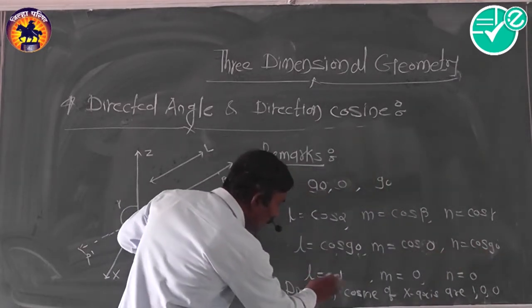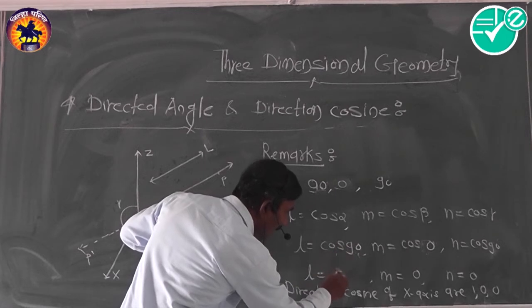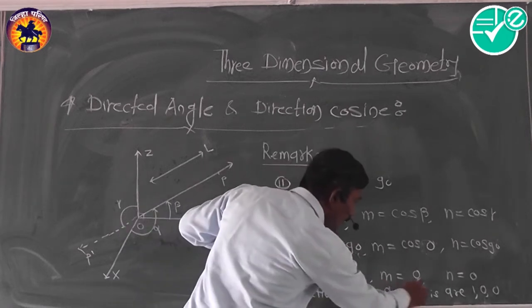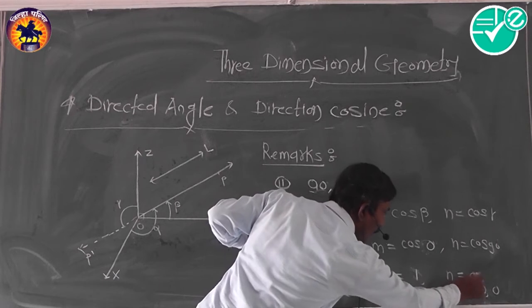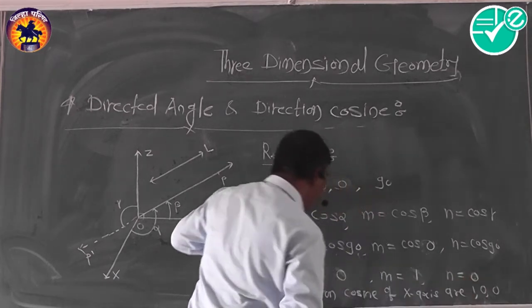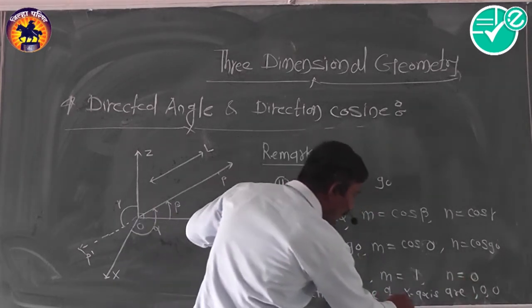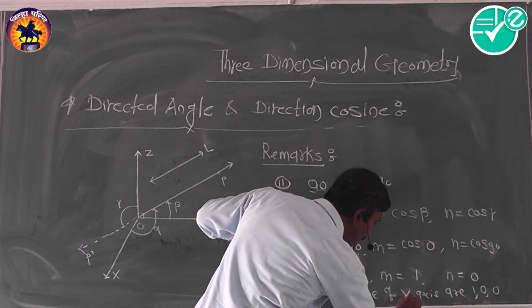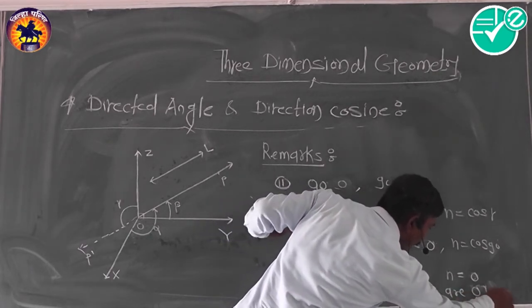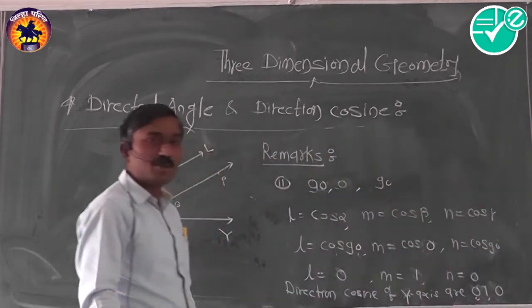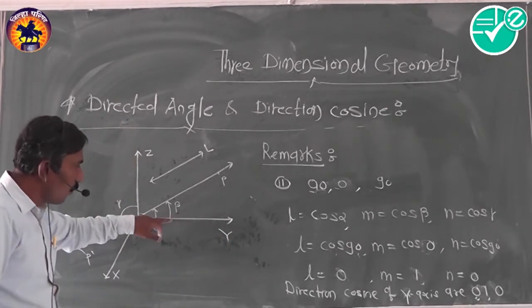Therefore l is equal to cos 90, which is 0, m is equal to cos 0, which is 1, and n is equal to cos 90, which is 0. That means the direction cosines of the y-axis are 0, 1, 0.